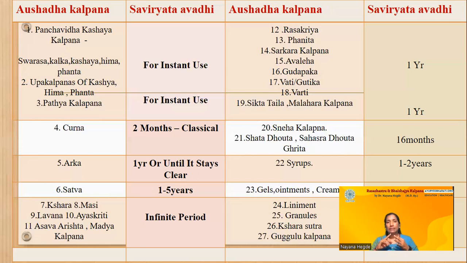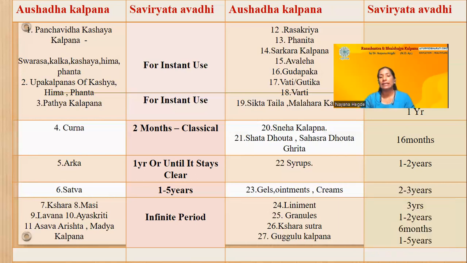Sneha Kalpana, Shatadauta Grita, Sahasradauta Grita has Chaturmas Adikat Vastarat Param, that is 16 months. Then the syrup, 1 to 2 years. Gel, ointment, cream, 2 to 3 years. Liniment, granules, Sharasutra and Gugulu Kalpana have different saviryata avadhi.